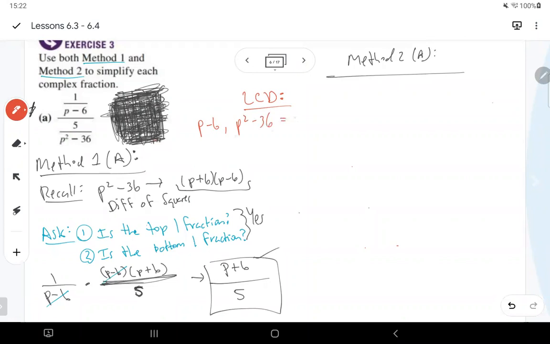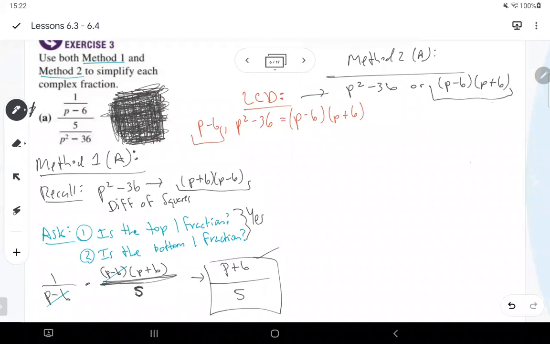Well, p squared minus 36 is p minus 6, which is here, and p plus 6. So you want p squared minus 36 as your LCD. You can either represent it as p squared minus 36 or in factored form, whichever one helps you the best. So what I'm going to use is this one.